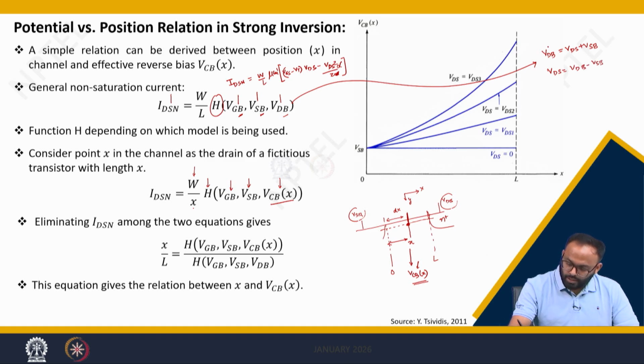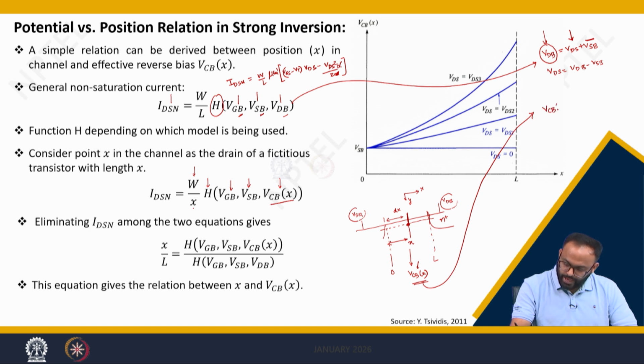So if the voltage is represented in terms of body as a reference, then you should add VSB to the voltage represented in terms of source; you should take care of that. So VCBx should be equal to some function of x, related to source as a reference, plus VCB. Let's derive this equation. On both sides the current is the same, because the same current is flowing into the MOSFET. We are just relating x with respect to VCB.